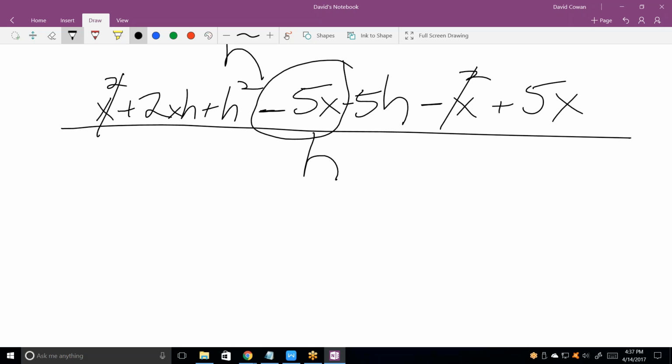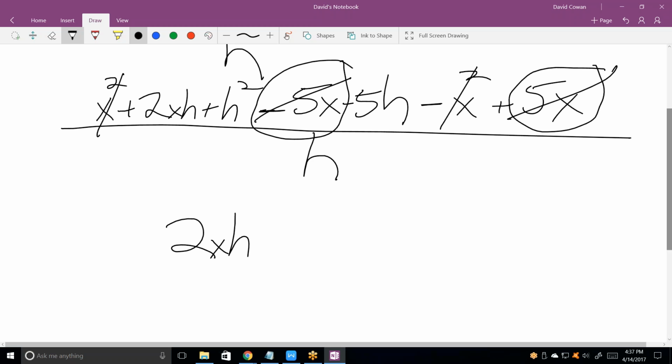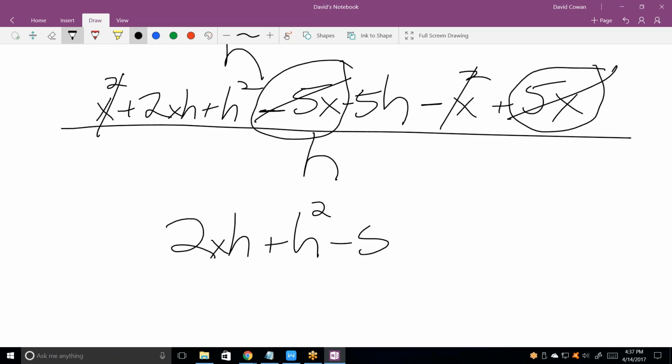We got minus 5x there, and we got plus 5x there. Cancels out. So the 2xh is an xh. This is an x. Okay? Got it. So now what we're left with in the numerator is 2xh plus h squared minus 5h. That's it.